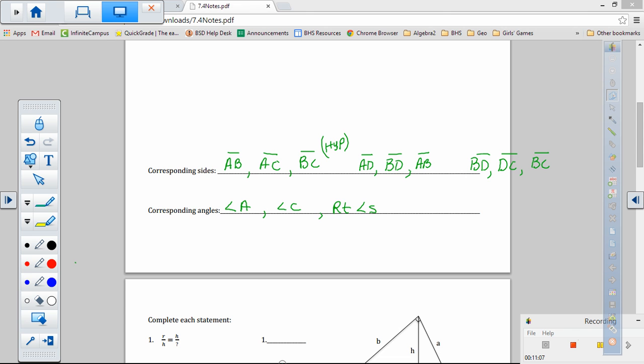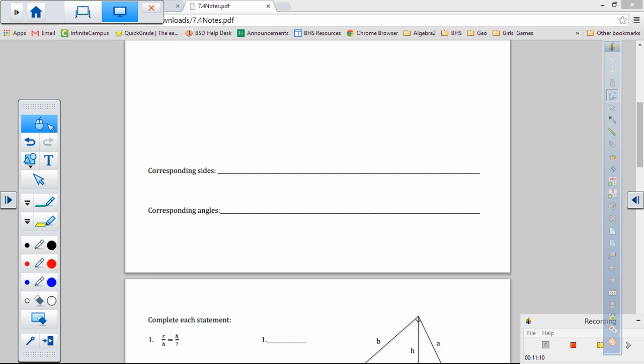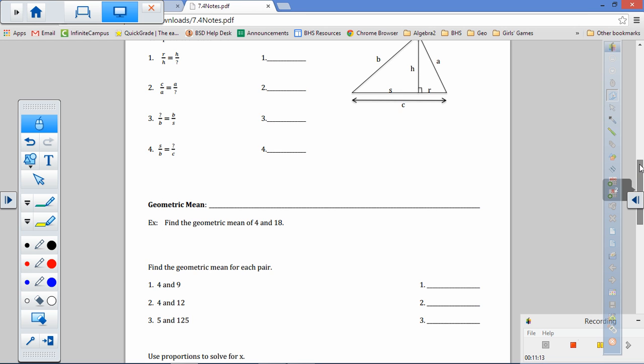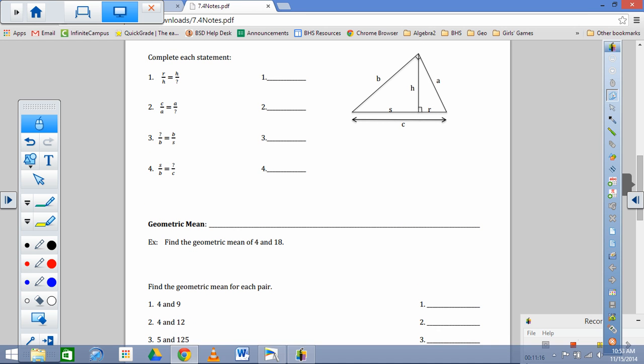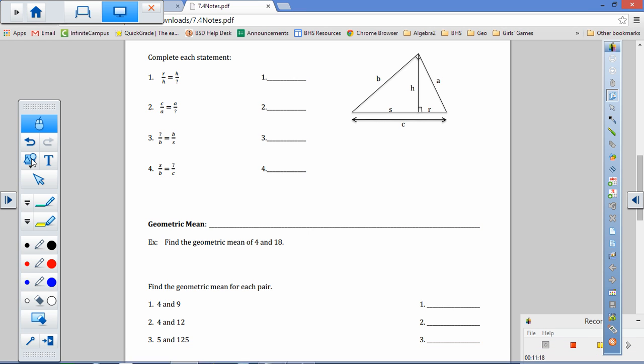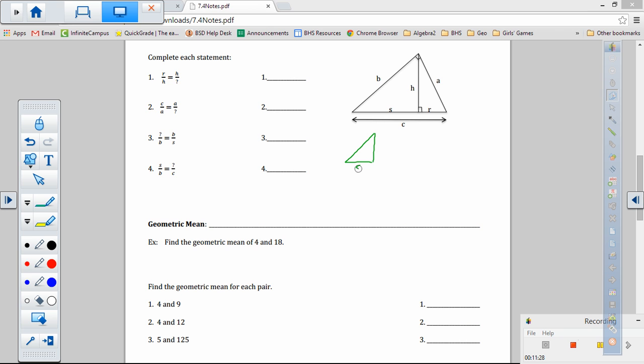So again, I'm going to scroll up, and we're going to actually just put this into practice so it'll make a little more sense. I'm going to give you a couple of examples here in this particular picture, and we're going to finish the statement. Okay? So again, before I do this problem, I'm going to tear them all apart. I'm going to do this little medium triangle over here. So I have S, and I have H, and I have B, and then I have this little tiny triangle over here. So I have A, and I have H, and I have R, and these are my right angles.